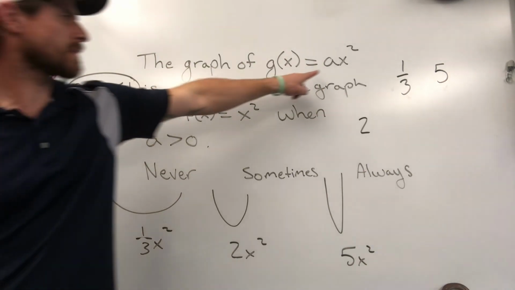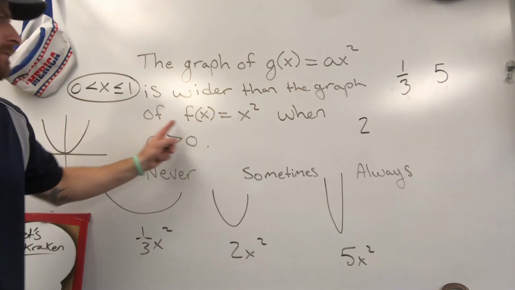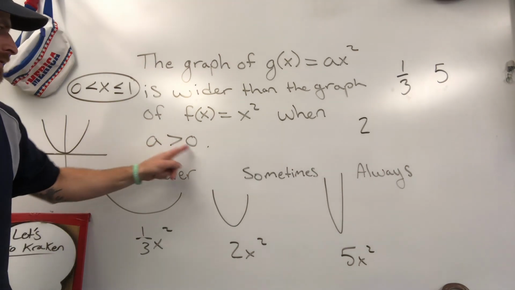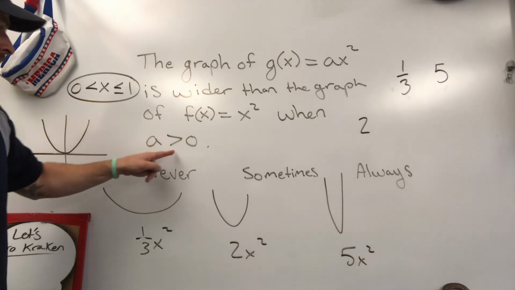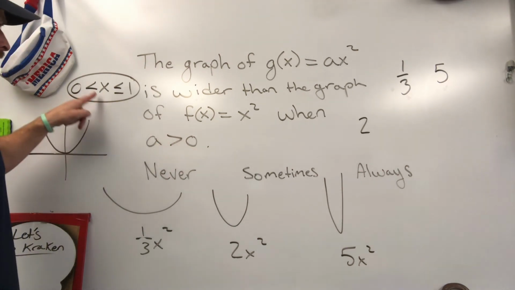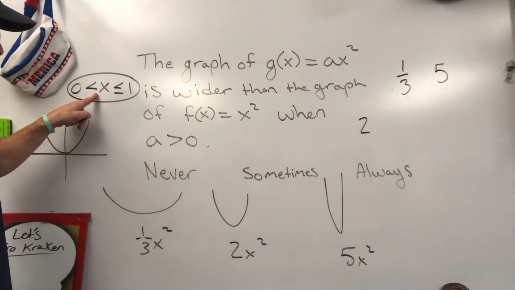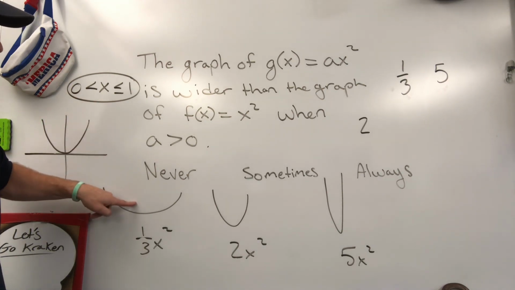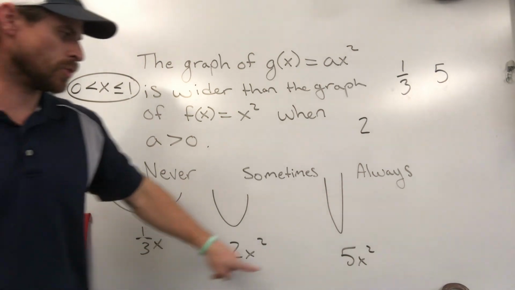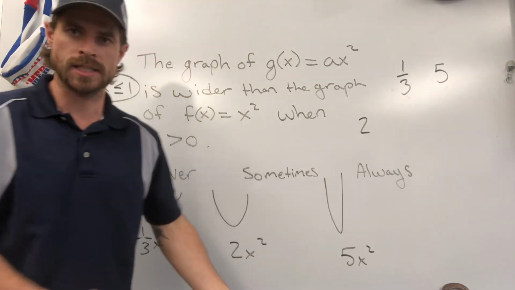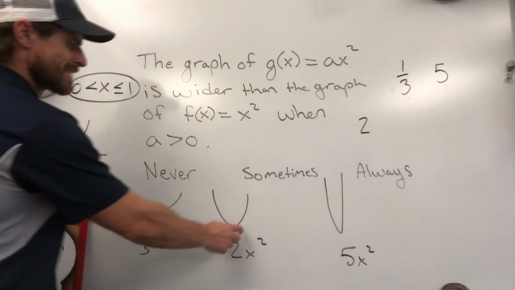The graph of g of x equals ax squared is wider than the graph of f of x equals x squared when a is greater than 0. So sometimes, when it's in between 0 and 1, it's going to be wider. But if we go above 1, 2, 5, 20, 13, those are all going to be really skinny.